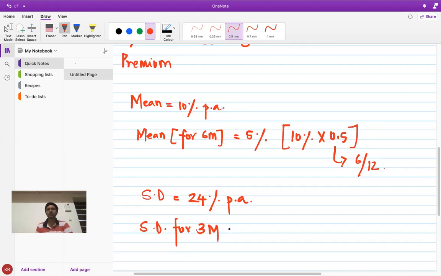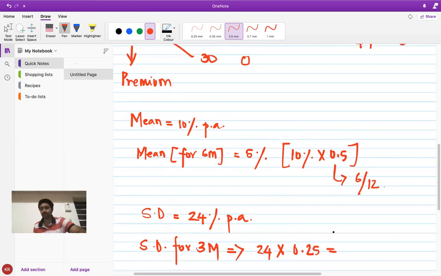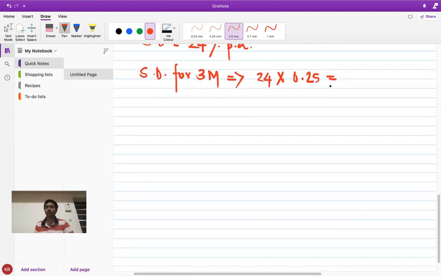The answer that you might tell me is 24 into 0.25, because 0.25 is 3 by 12. 24 into 0.25 is equal to 6% per annum, right? This would be your first feeling. Okay, this is wrong.